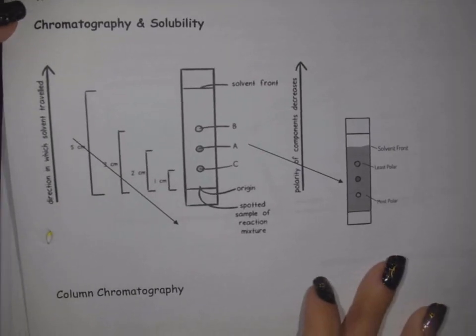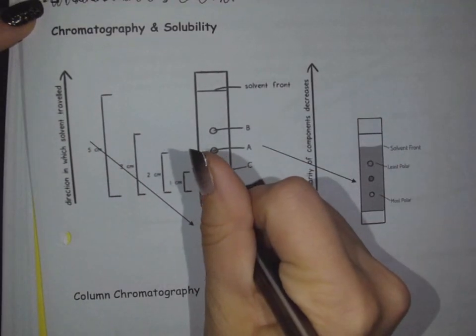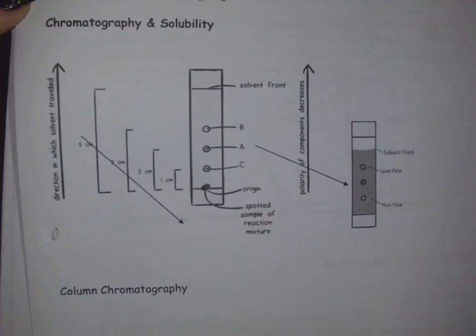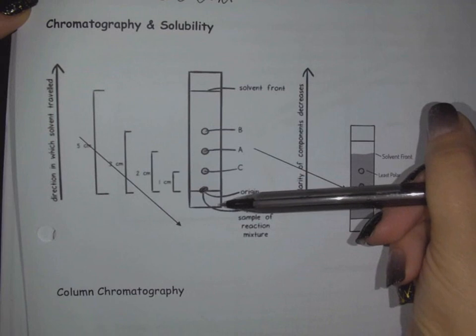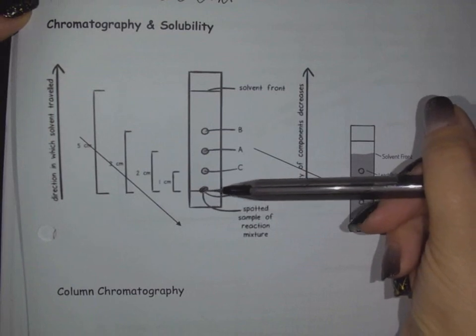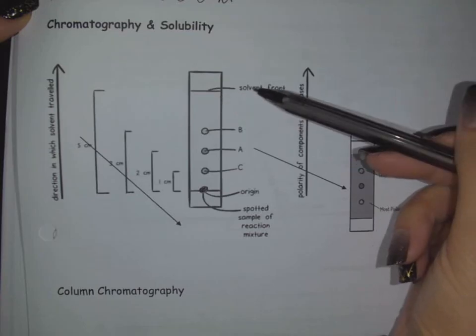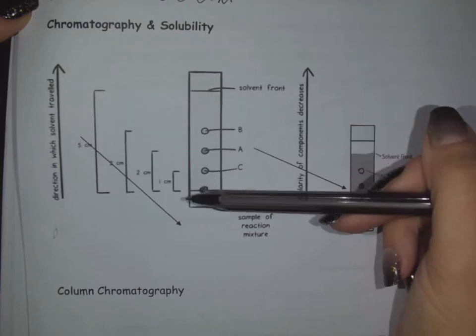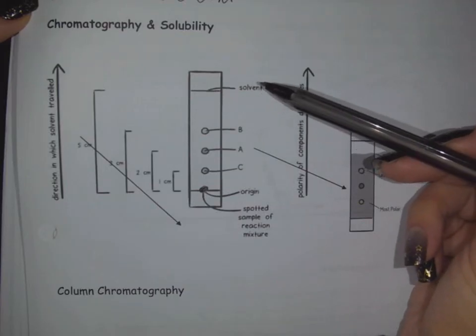Okay, so what if I put a little sample right here, and I then set this in water right here at the end, and the water travels up the paper, okay? You can see where the water has traveled. The edge of that traveling water is called the solvent front.